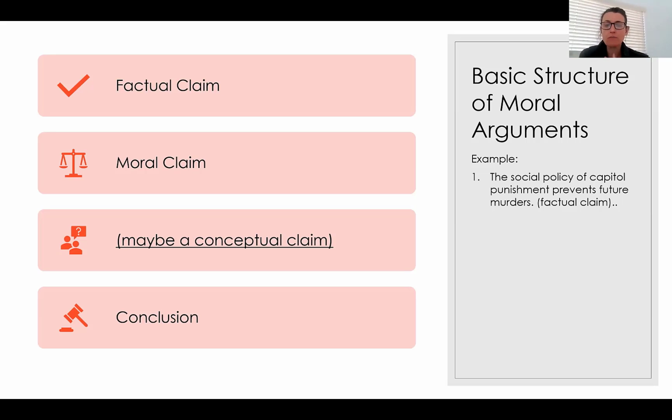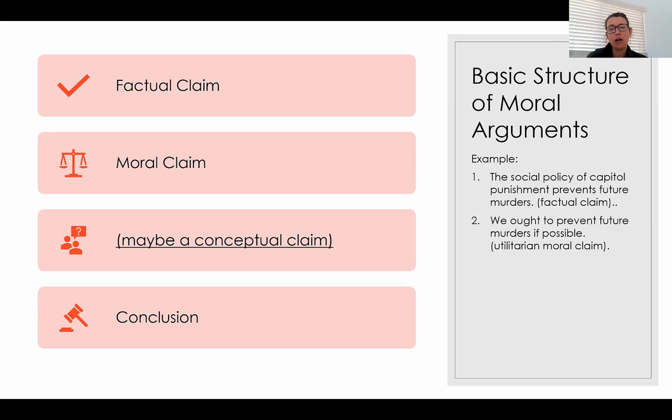Okay, so I'm just throwing this out there. I have no idea if it's true or false. But it is a statement that's capable of being true or false, okay? So here, it's a claim: the social policy of capital punishment prevents future murders. Two, we ought to prevent future murders if possible, okay?